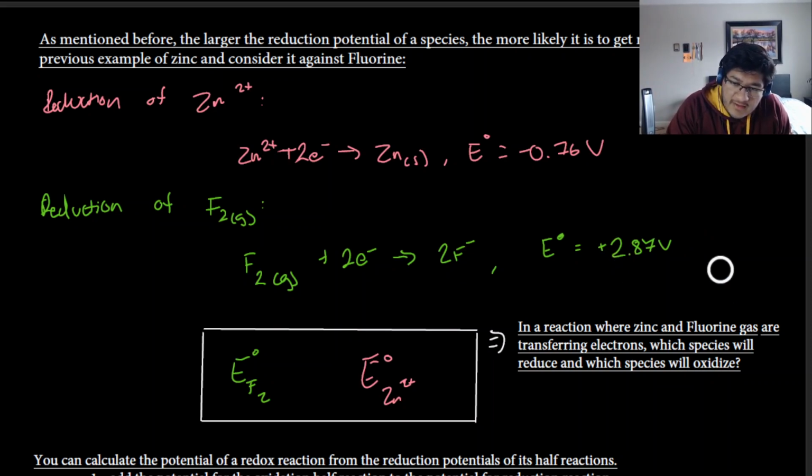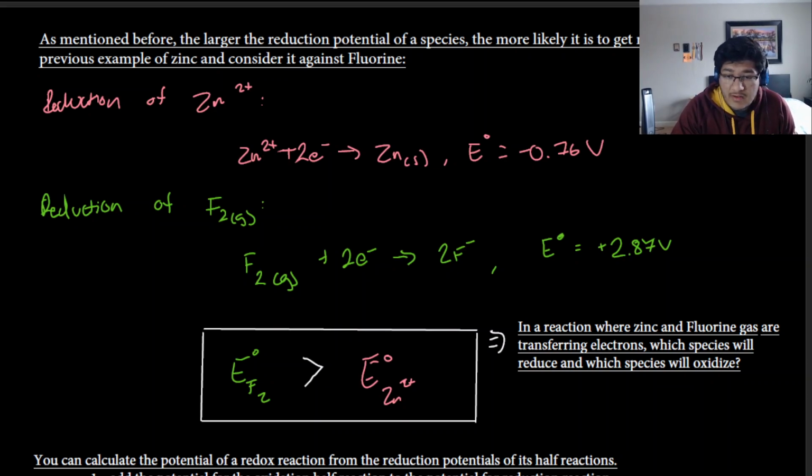Comparing this value to this value over here, what do you see? Well, you see that fluorine gas has a relatively large reduction potential when compared to Zn2+, which means that reduction potential is greater for fluorine than it is for zinc.